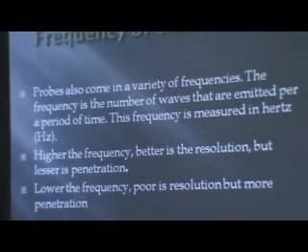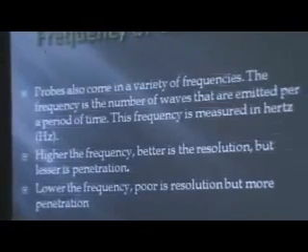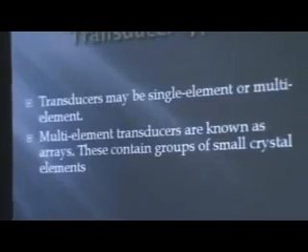For obese persons, we require a lower frequency transducer, because lower frequency gives more penetration, but the resolution becomes poor. So higher the frequency, the lesser is the penetration and the better is the resolution. Lower frequency probes are used for obese persons, and high frequency probes are used for superficial structures.